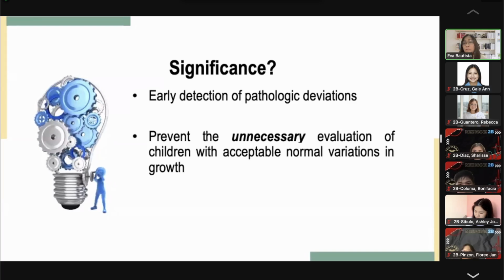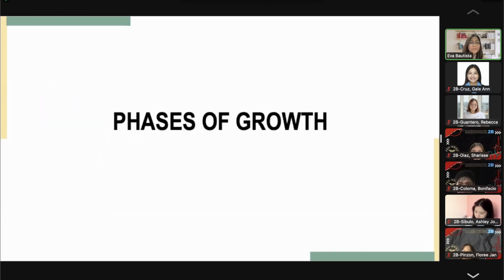And to know what is abnormal, first we have to know what is normal, okay? So there are phases of growth from in utero until adulthood, okay? And there are 4 phases, which I will be sharing in the succeeding slides, okay?